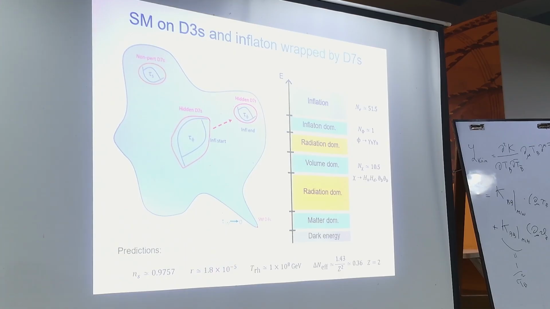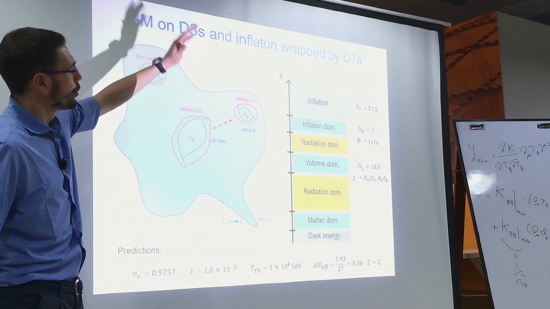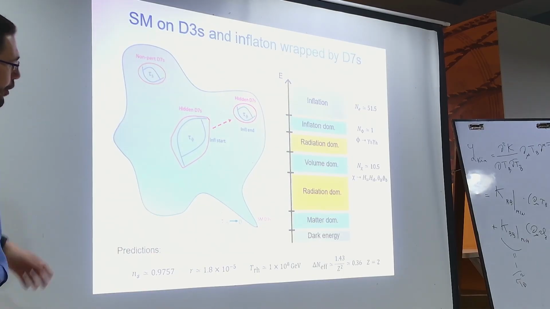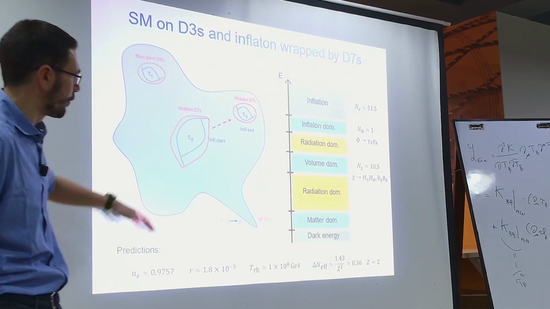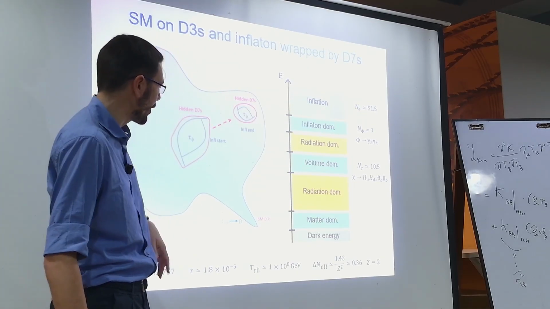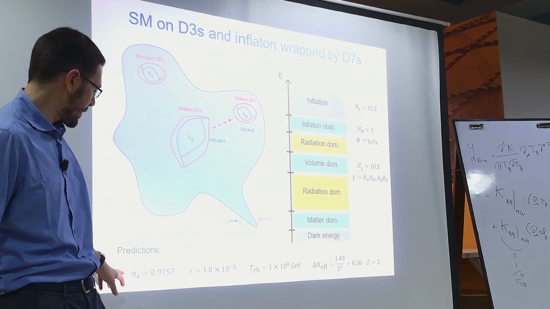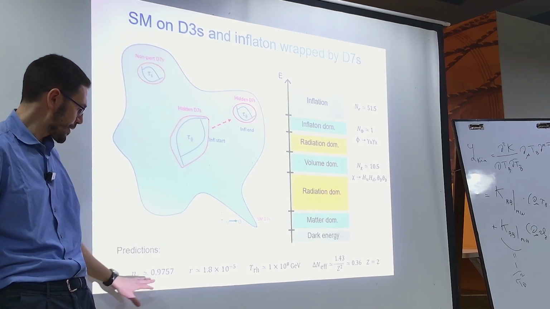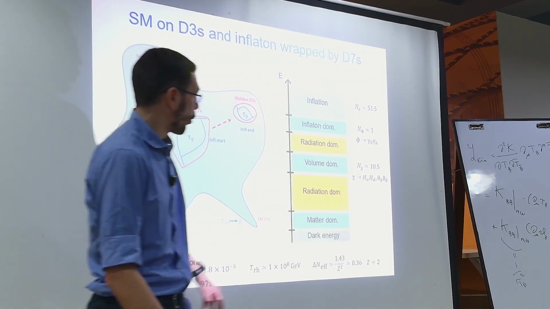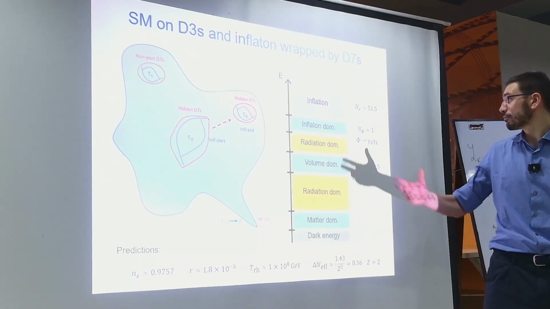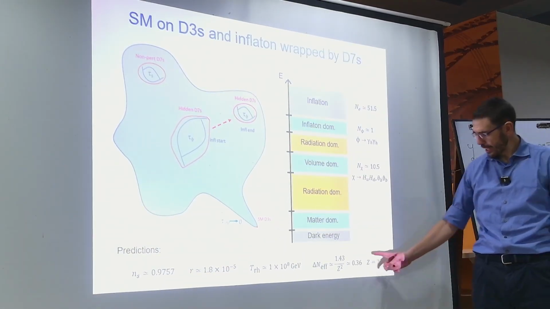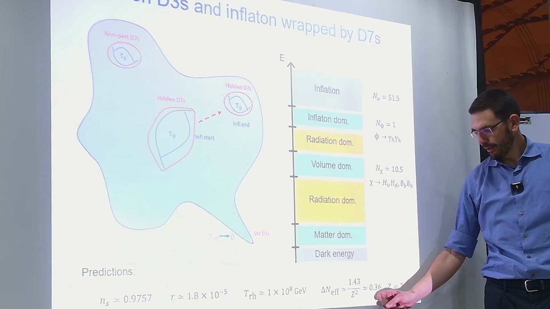Then one can try the other possibilities where the standard model is on the D3-branes at singularities. You can play the same game using all these decay channels. You have again inflaton domination, volume domination. And in this case, you see the predictions for n_s and r are pretty stable. Also, the number of e-foldings is almost the same. What changes is delta N_eff.